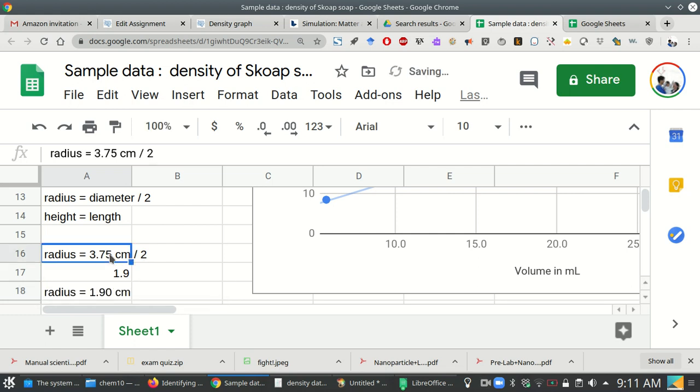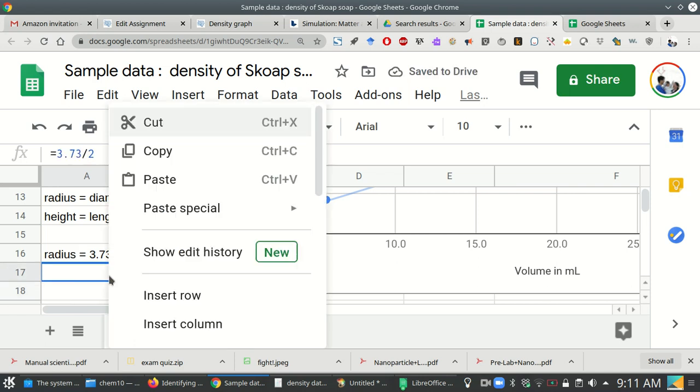Now, what if the diameter were 3.73? The software was rounding the answer, which is not what I wanted.